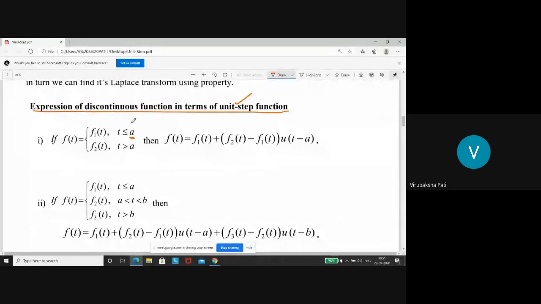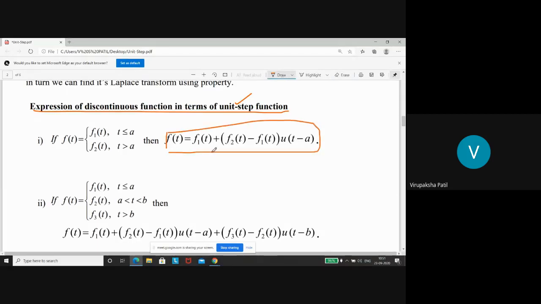This discontinuous function can be expressed in terms of the unit step function as f of t equal to f1 of t, the first function kept as it is, plus f2 of t minus f1 of t into u of t minus a. This is the expression of a function discontinuous at only one point, in terms of the unit step function.